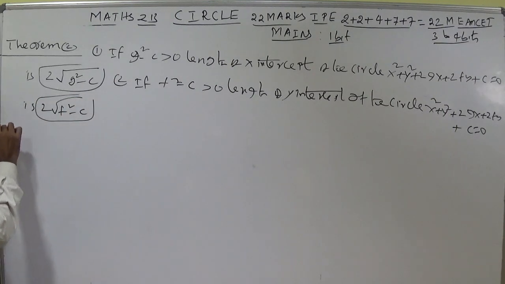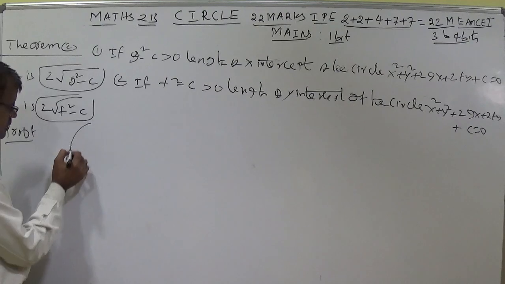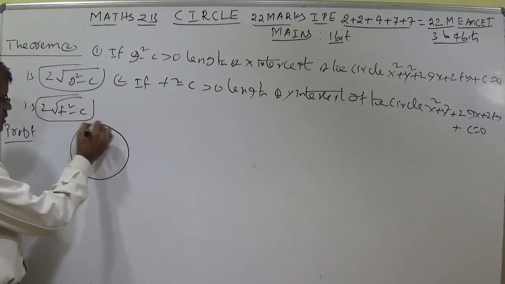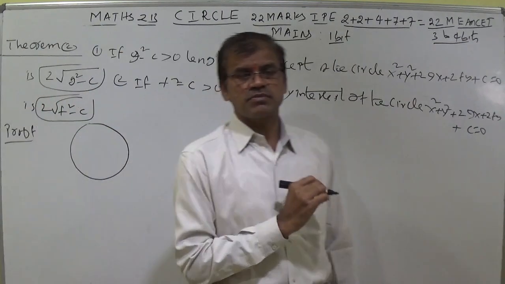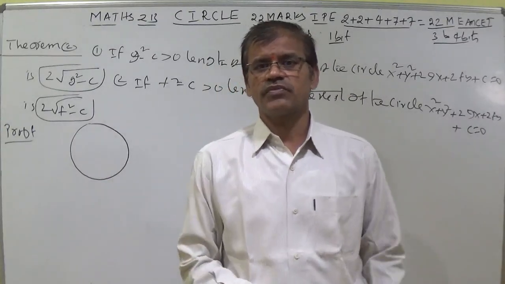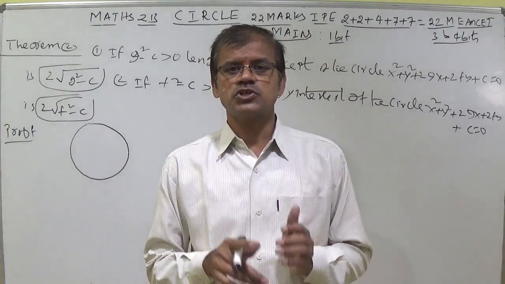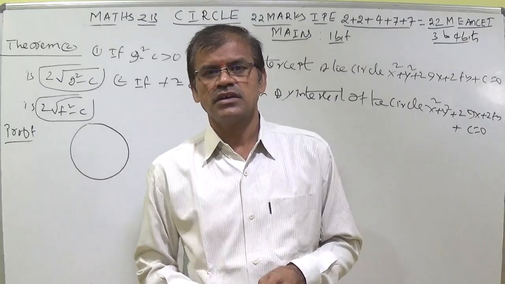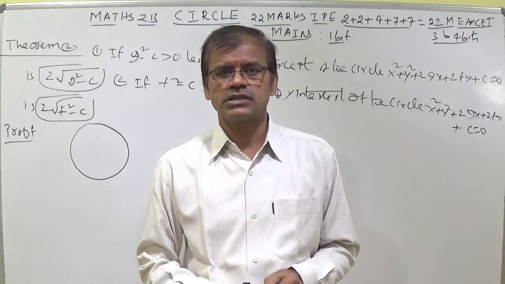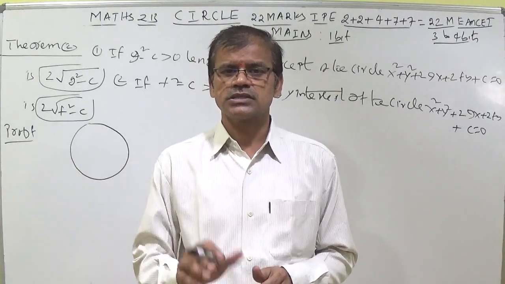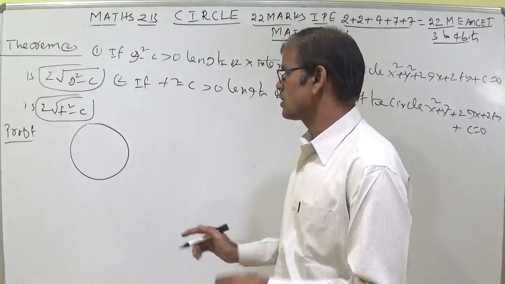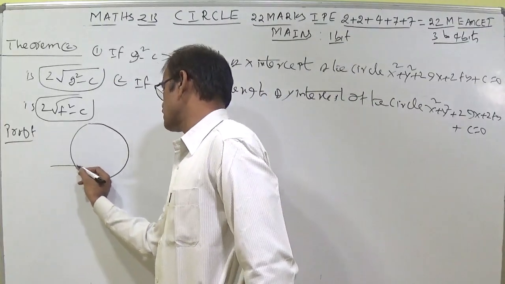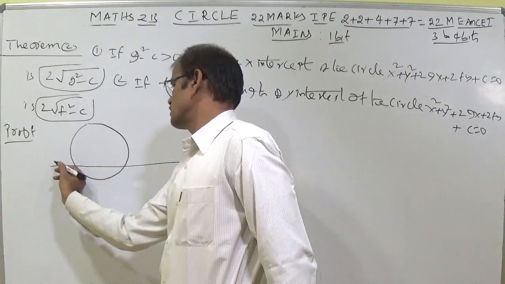Now let us discuss the proof. Let us discuss the sub-formula and sub-concept. He is asking the length of x-intercept. Whenever he is asking the length of x-intercept, the circle should intersect the x-axis. Whenever he is asking the length of y-intercept, the circle should intersect the y-axis. Here, the circle should intersect the x-axis. This is the x-axis.